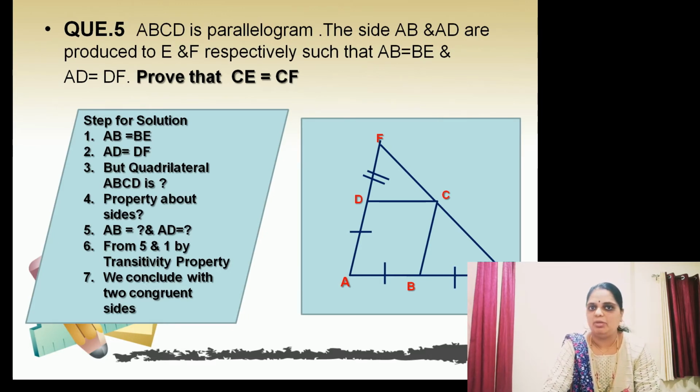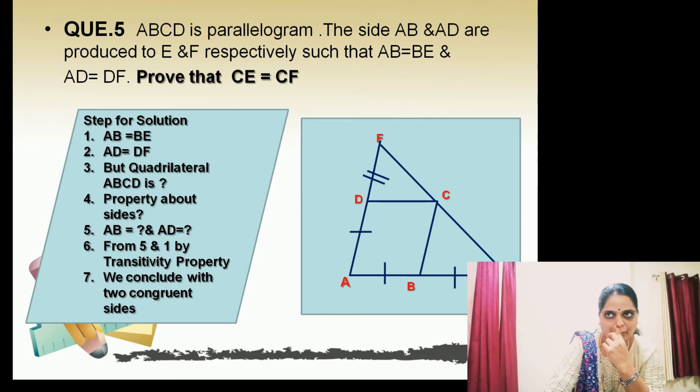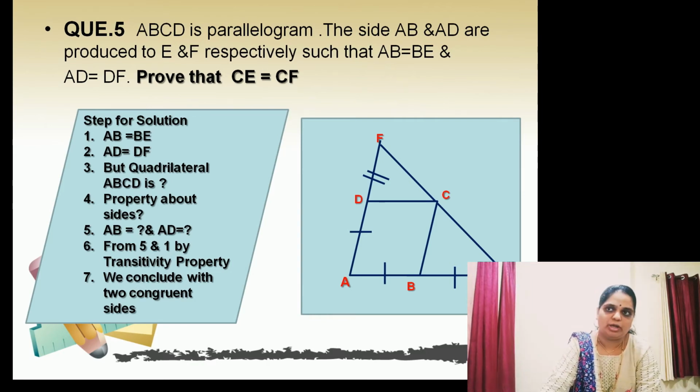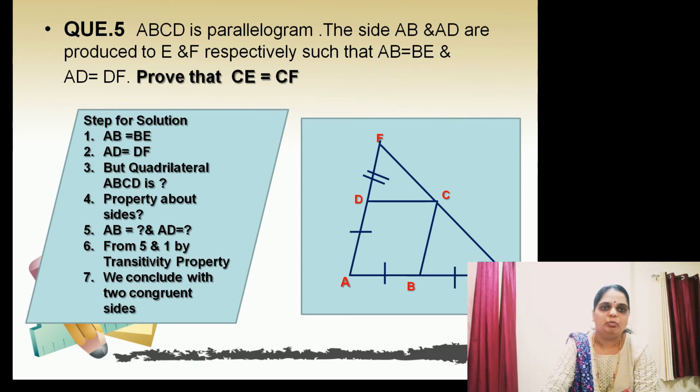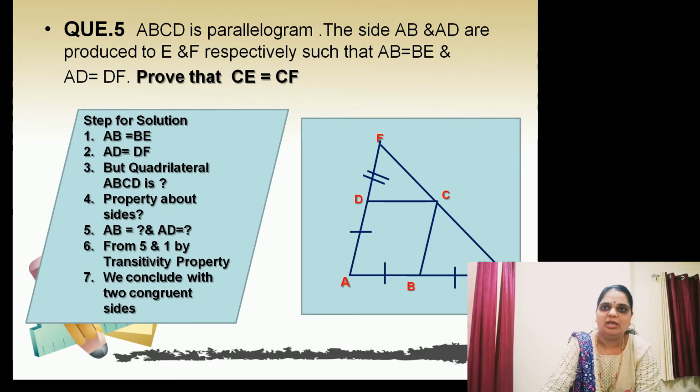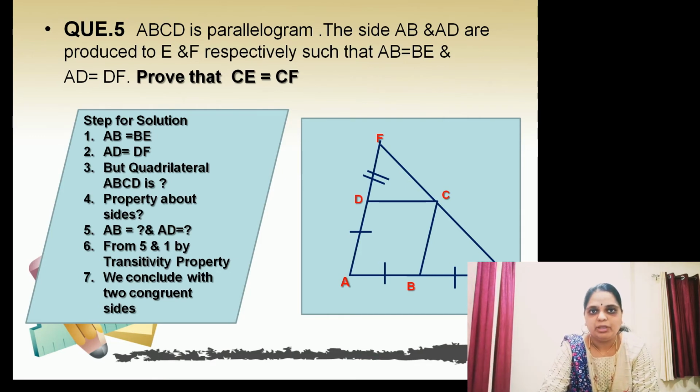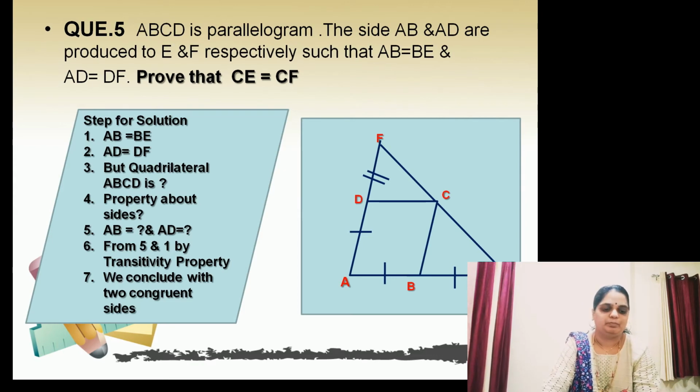First step: AB is equal to BE, AD is equal to DF, and quadrilateral ABCD is a parallelogram. By the property of the sides of a parallelogram, opposite sides are congruent: AB is equal to DC and AD is equal to BC. That means by the transitivity property BE is equal to DC and DF is equal to BC.